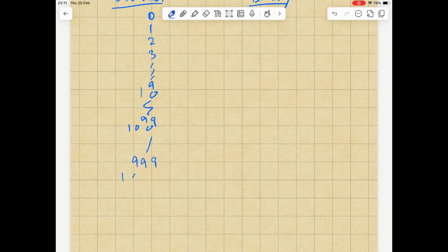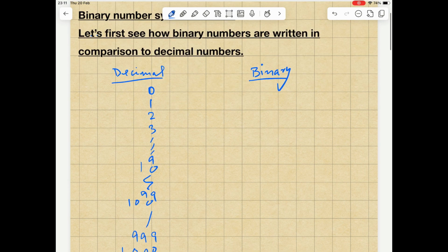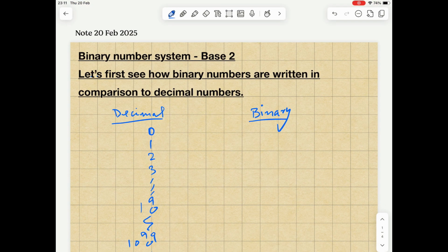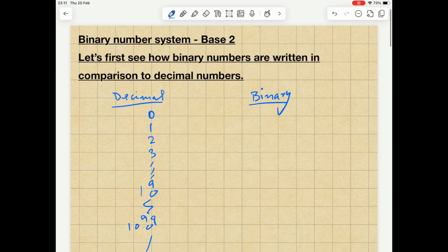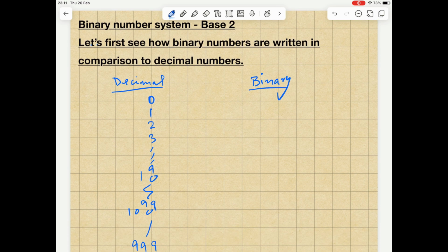And when it becomes 999, we go to 1000. Similarly, the binary system also works similarly, but it has only 0 and 1 digits, whereas decimal moves between 0 and 9.